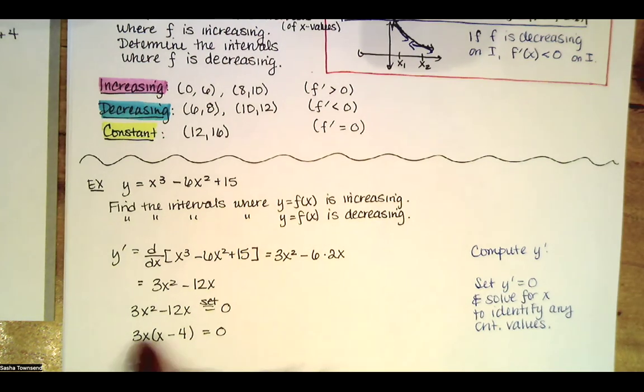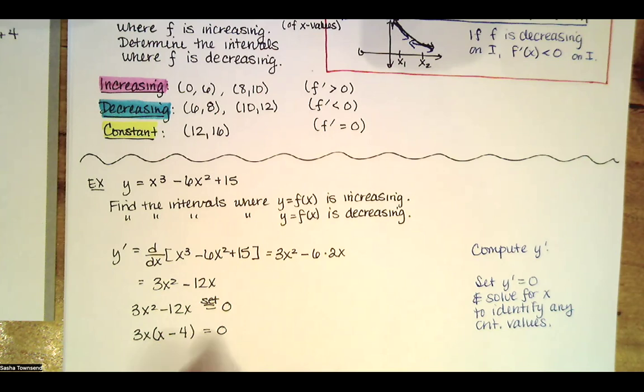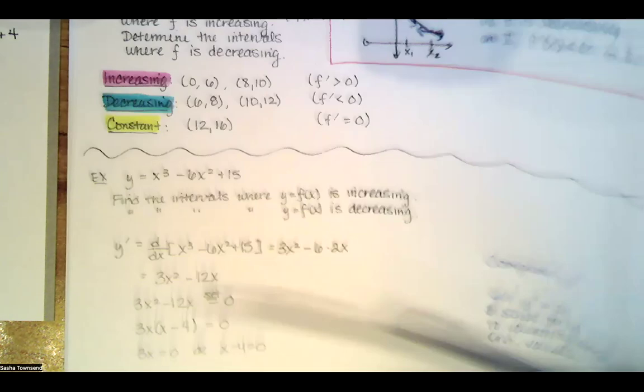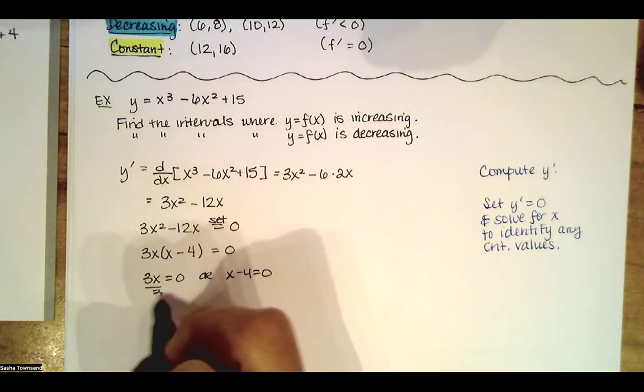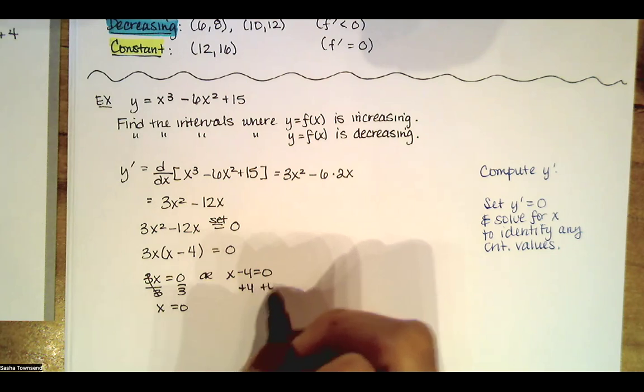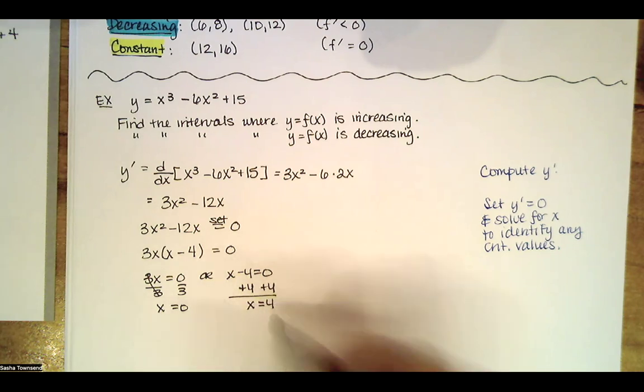And so you've got this factor times this factor equals 0. The only way that happens is if this factor equals 0 or this factor equals 0. Then if we solve this equation for x, we get x equals 0. We solve this equation for x by adding 4 to both sides, we get x equals 4.